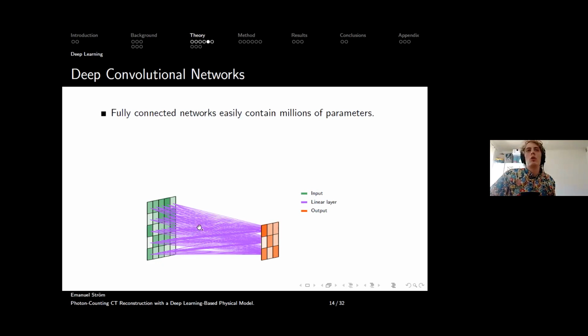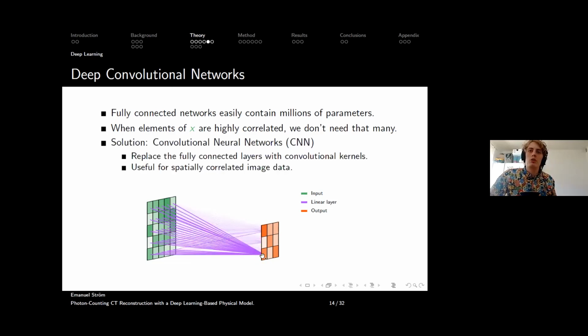So the idea behind deep convolutional networks, which we use in this thesis, is to reduce this number of parameters by using the fact that elements in this image are highly spatially correlated. So if you look at just one of these outputs, it's connected to all of the inputs.